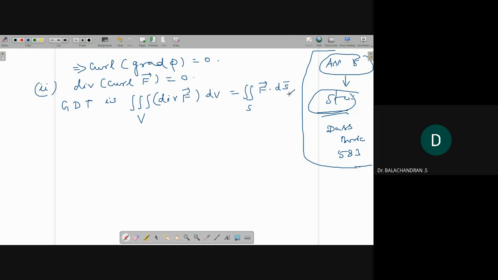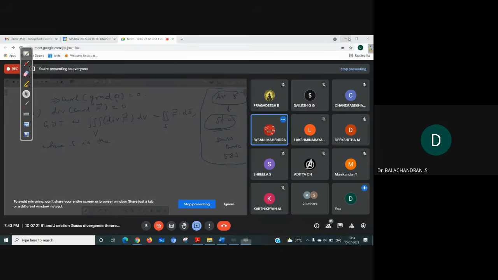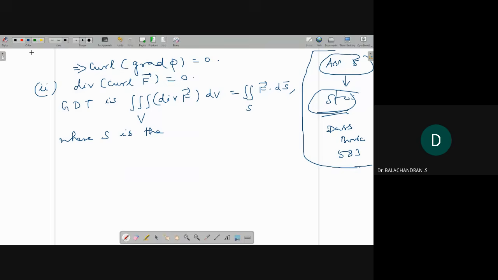This is the Gauss divergence theorem, where S is the closed surface. Yes, correct, this is the closed surface.